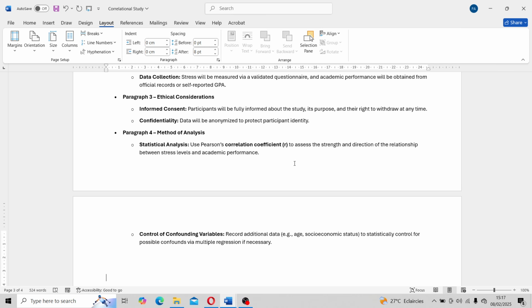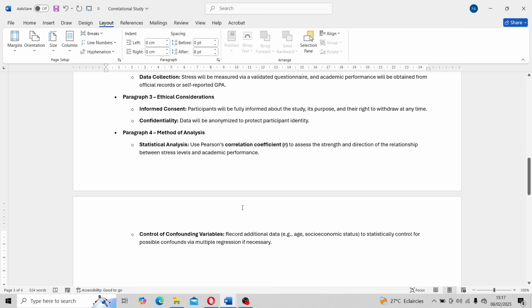However, for AS level and A level, you can just simply go with calculating the mean. You calculate the mean and then you discuss that, and you tabulate it, and you use a scatter graph to display the data.